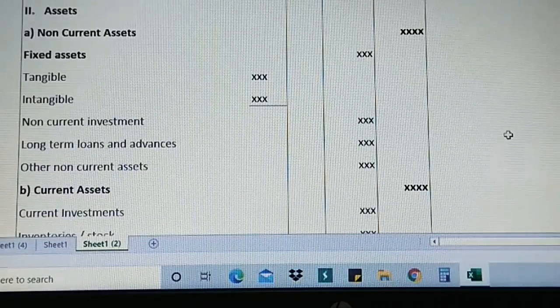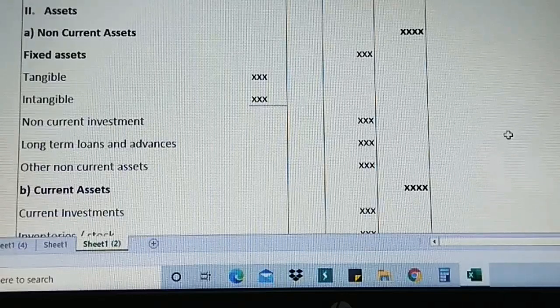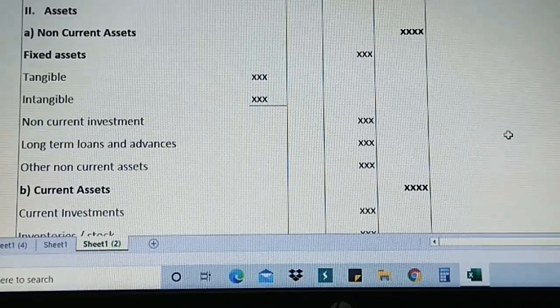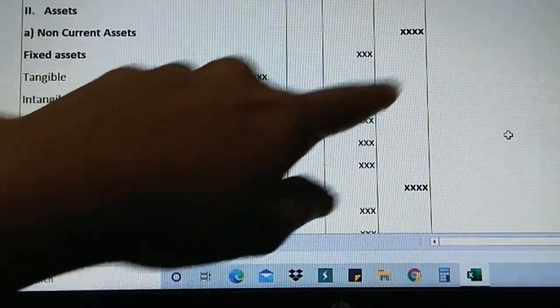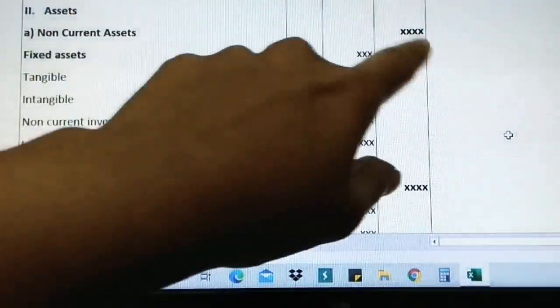If the company has provided any loans or any advances to its employees or outsiders, this could be treated under non-current assets. The company is providing, it is not taking, it's providing. Next, other non-current assets. If you find further non-current assets, they might provide it in the question as non-current assets itself. In that case, you just take it and write it. These totals have to appear in the outer column.